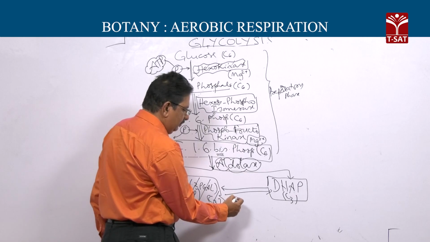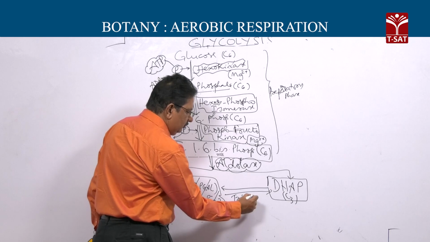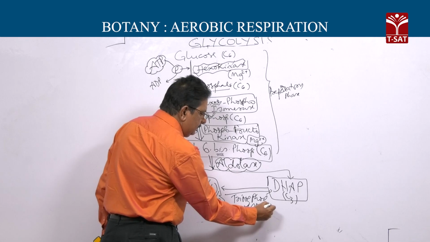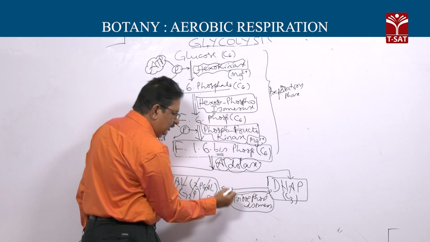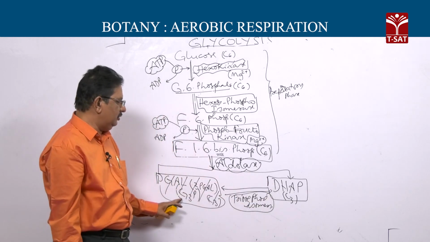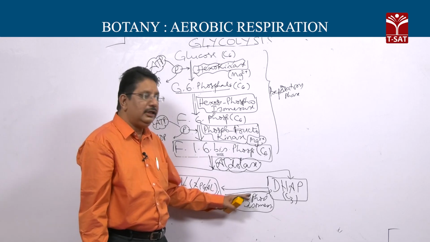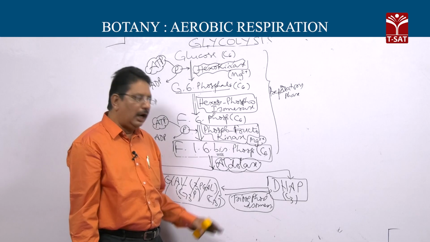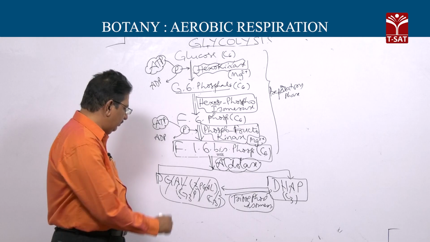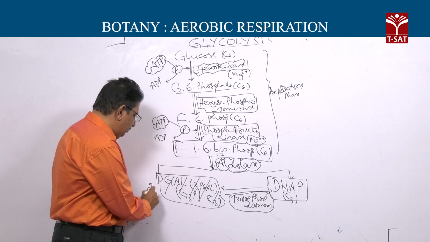That is catalyzed by a triose phosphate isomerase. So, another reaction in glycolysis is conversion of DHAP into G3P in the presence of glyceraldehyde ketone isomerase, or simply triose phosphate isomerase.